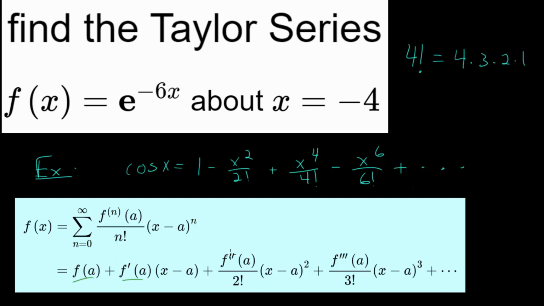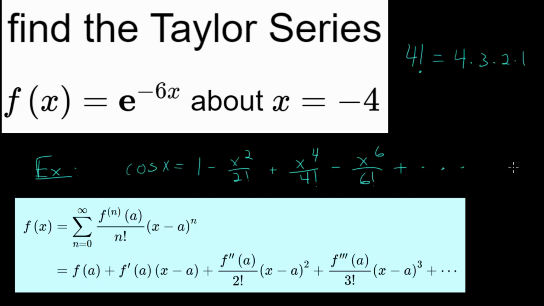This is the first derivative, this is the second derivative, and you always divide by whatever derivative you're taking, that particular factorial. So here we're taking the third derivative, so we divide by 3 factorial, and so on. This would be divided by 1 factorial, but that's just 1. And same for this one, this would be divided by 0 factorial, but 0 factorial is also equal to 1.